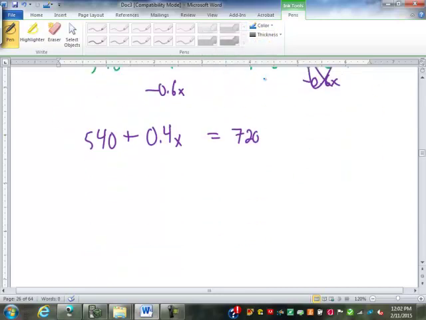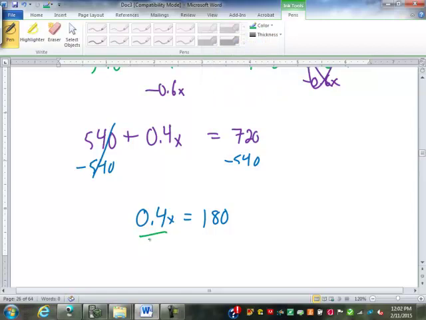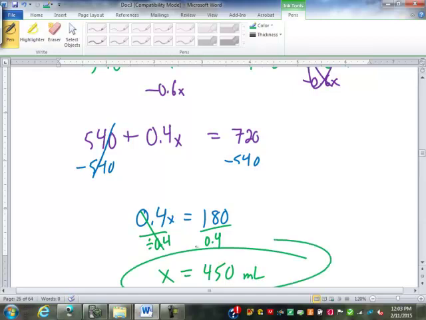And we will solve by subtracting 540. 0.4x equals 180. And then dividing by 0.4, to get that x equals 450 milliliters. So we would add 450 milliliters of pure ethylene glycol, or pure antifreeze, to that system to get it up to 60%.